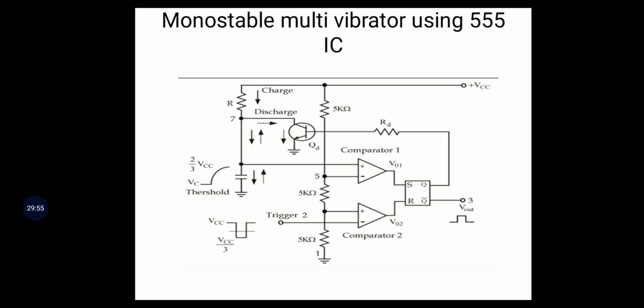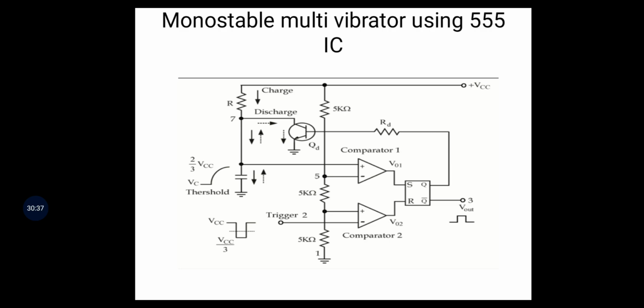This high Q drives the transistor QD in saturation. Thus, capacitor C quickly discharges through QD. So Vout at pin 3 is low at start. When trigger is less than 1/3 VCC, it becomes high, and when threshold is greater than 2/3 VCC, it again becomes low till the next triggering pulse occurs.